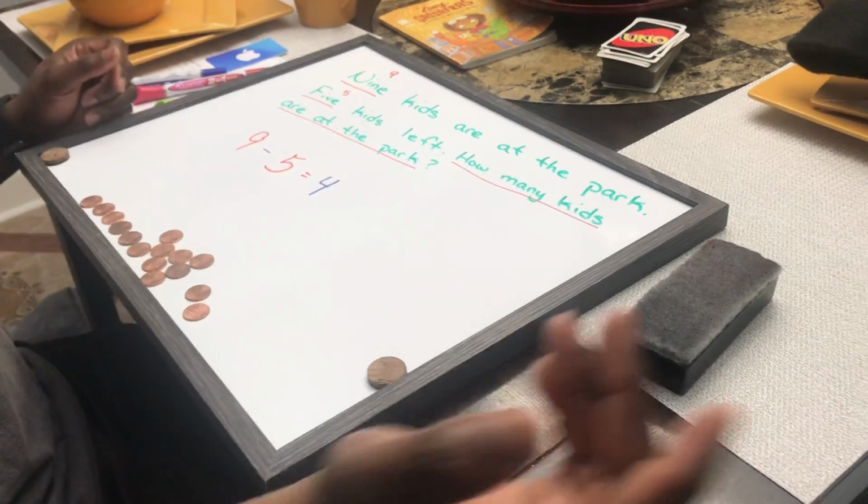So let's go ahead and do the count up method. So Shiloh, go ahead on around. Whenever we're solving and doing subtraction, we always start with our lesser number. So in this case, my lesser number is 5. So I'm going to have 5 in my head, and I'm going to count up till I get to 9.